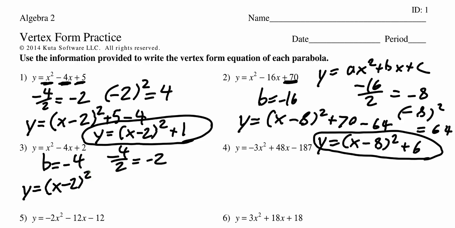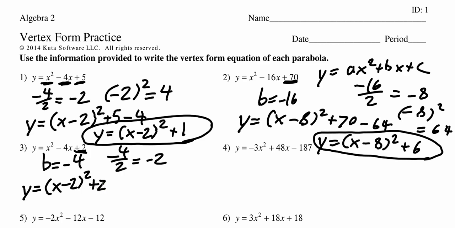When we're writing vertex form, it's always going to be x plus or minus a number, and then that quantity squared. It's always going to be in this type of form. So the next step is to drop the c term down. That's pretty simple: just do plus 2.